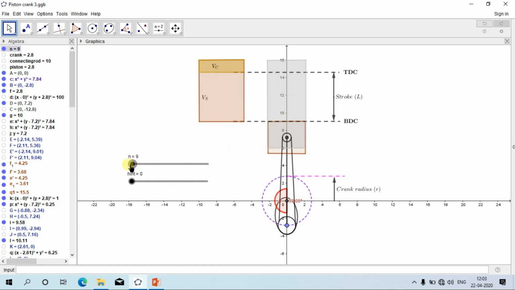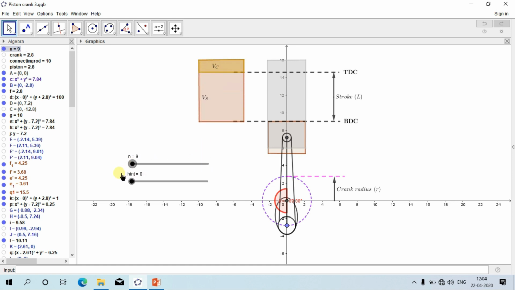This volume between top dead center and bottom dead center is called the swept volume. It is the volume swept by the piston while moving from TDC to BDC. When the piston moves from bottom dead center to top dead center, this volume shrinks, but it is never 0; there is always clearance volume present.